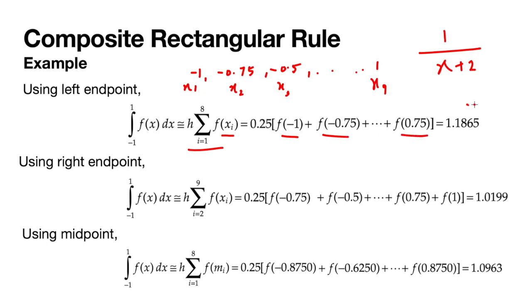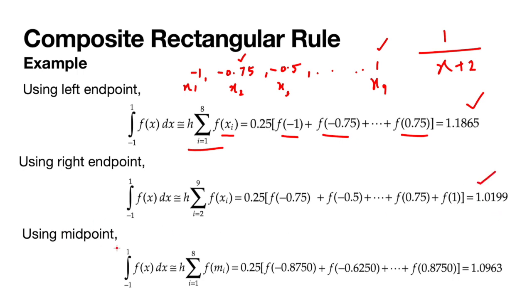And this is basically the integral value which we have calculated using the rectangular rule. Similarly, for the right hand point, you know that we start from the second point and move towards the end point. So we'll find the function value at -0.75 onward and use the formula to calculate the value.